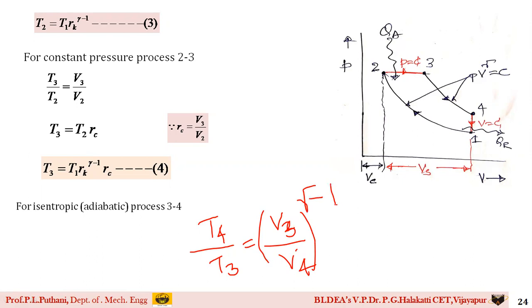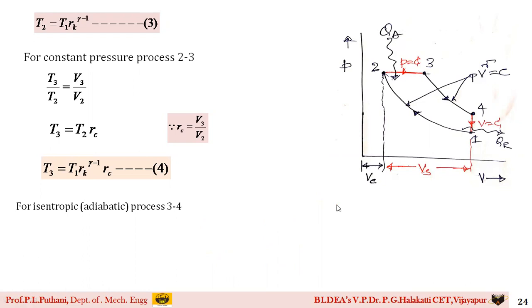Because 3 to 4 is which process? It is adiabatic process, reversible adiabatic process. So I can write it in this form also, students. That is T4 by T3 is equal to V3 by V4 raised to the power of gamma minus 1.